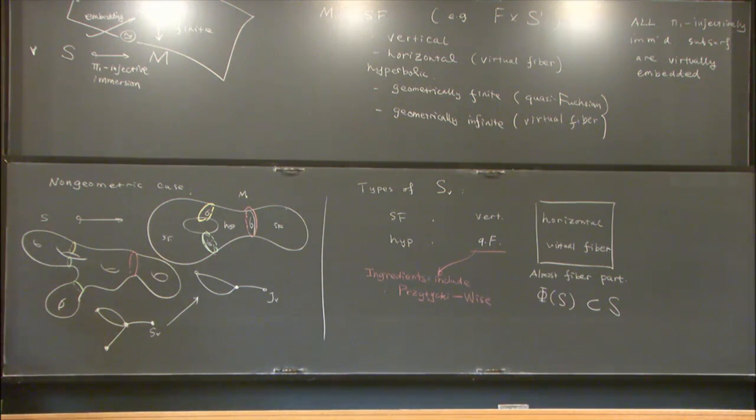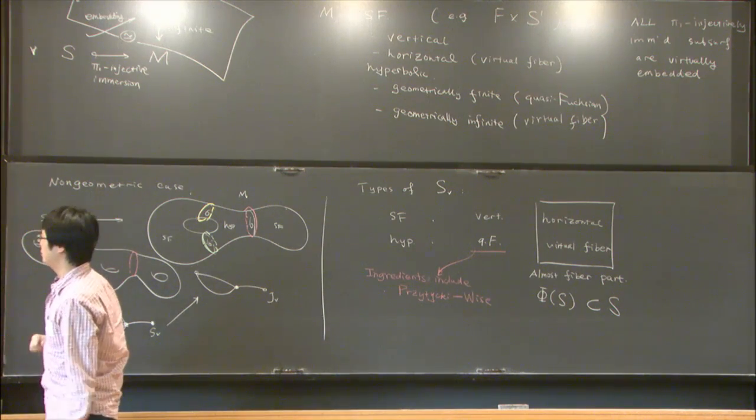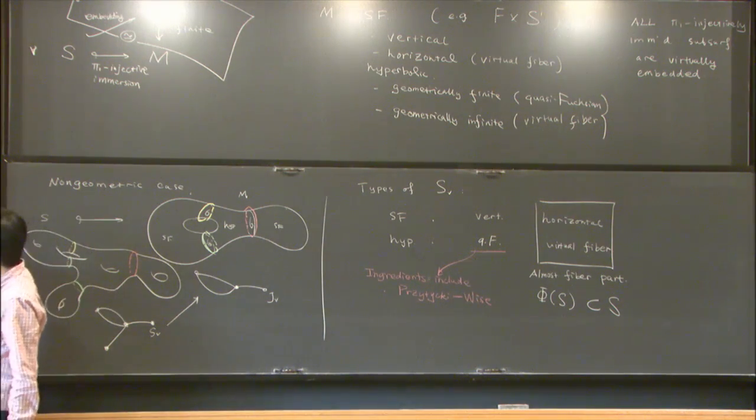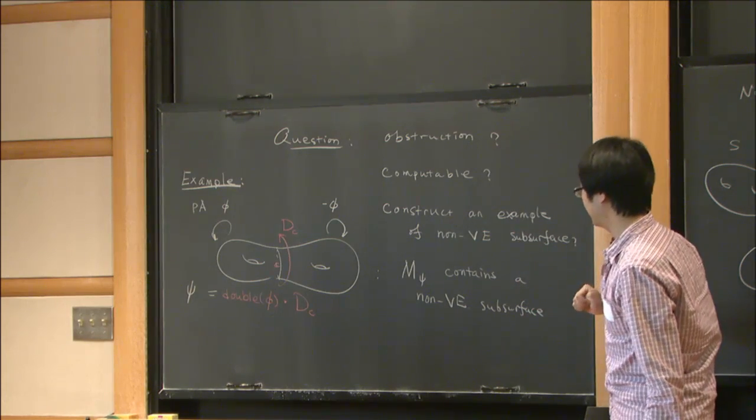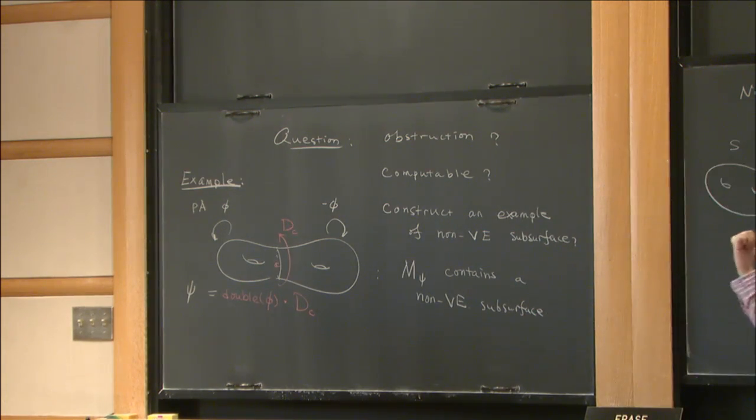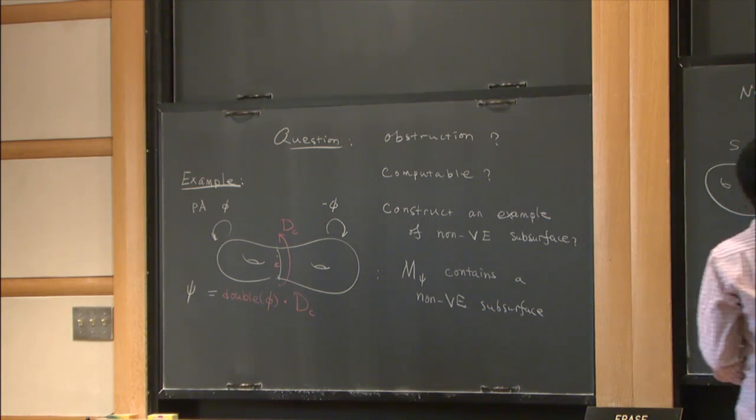So let me first tell you what kind of obstructions we're looking at. For graph manifolds, you have a fairly direct definition for that obstruction class, and then we'll try to explain how to generalize it to the hyperbolic case.